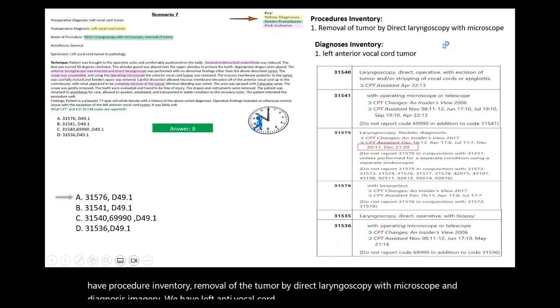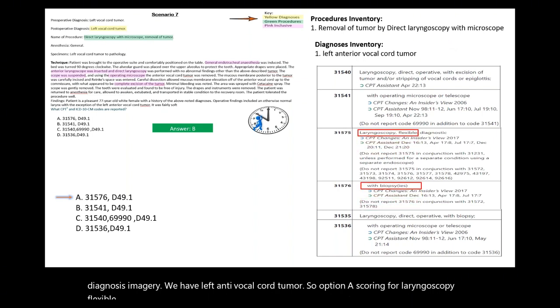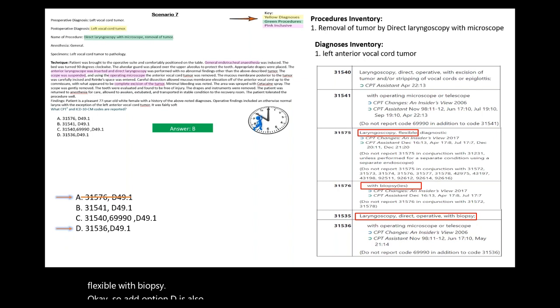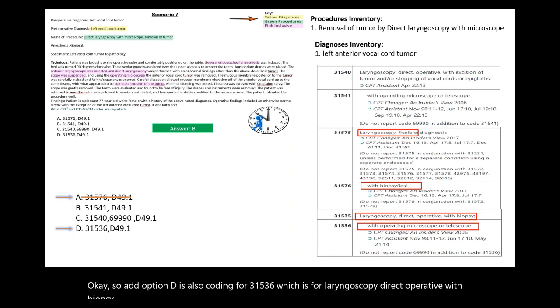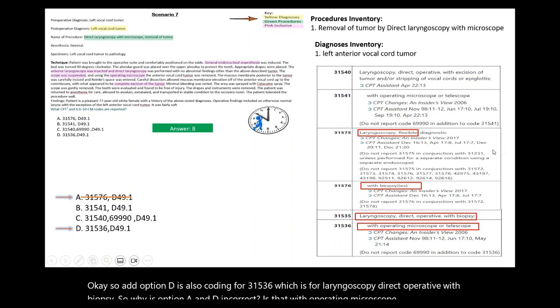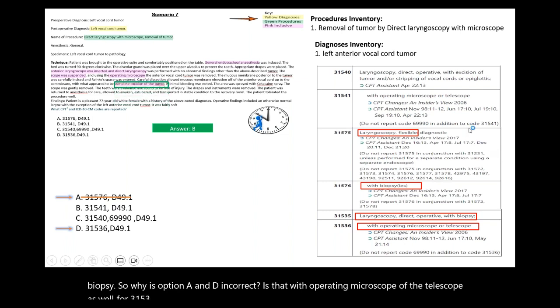Option A is coding for laryngoscopy flexible with biopsy. Option D is coding for 31536, which is for laryngoscopy direct operative with biopsy, with operating microscope or telescope as well. Why are options A and D incorrect? Because a biopsy procedure was not performed.